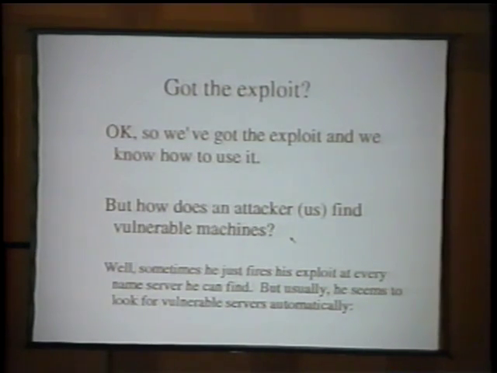So now suppose you've got your exploit. You know how to use it. You've tested it on a system. You know it works against your Red Hat system. How do you find machines? The way script kiddies tend to work is that they generally don't target you. They go looking for vulnerable systems. Their MO tends to be: find an exploit site, download five exploits, hopefully one of them works for you.